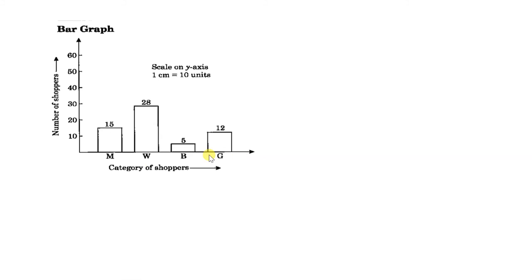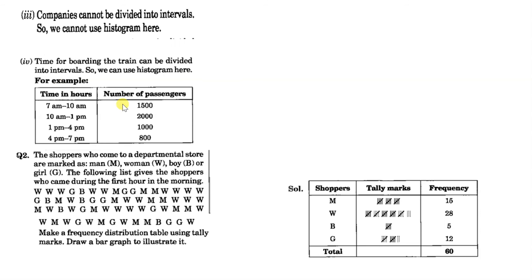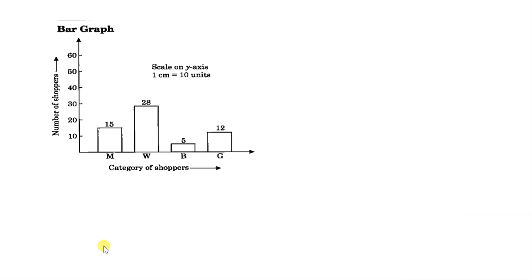On the horizontal line, we keep equal spacing between the different bars. हम bars लेंगे of equal width, सभी की width same होगी और इनके बीच का जो space है वो भी equal होगा. और vertically क्योंकि हमारे पास यहाँ पर वैल्यूज हैं 5 से लेकर 28 तक, तो वर्टिकली हम नंबर ऑफ शॉपर्स को प्लॉट करेंगे. हमने सपोज 10, 20, 30, 40 इस तरह से मार्किंग करेंगे. स्केल हम क्या ले रहे हैं, वाई एक्सिस पे 1 सेंटीमीटर इज इक्वल टू 10 यूनिट्स.